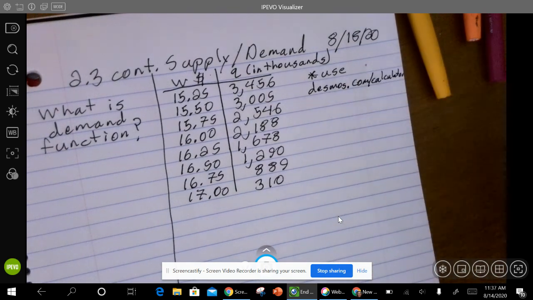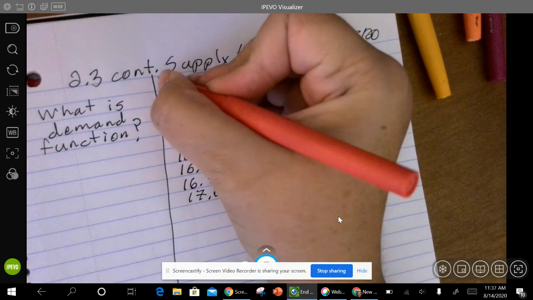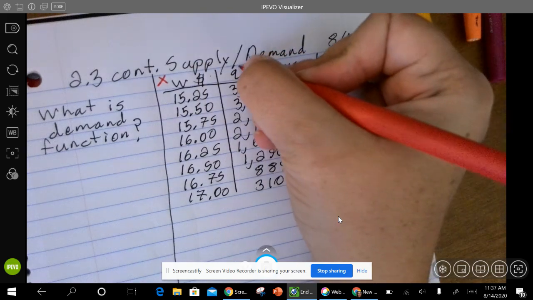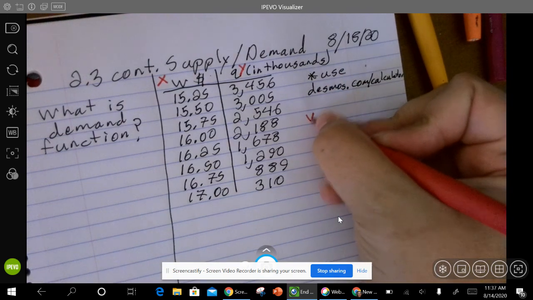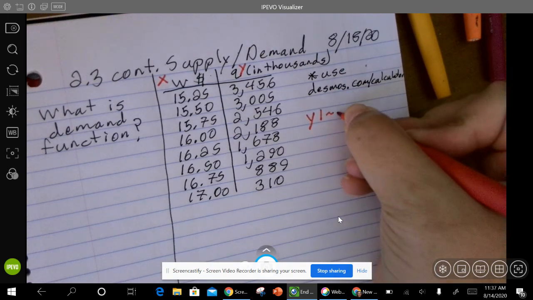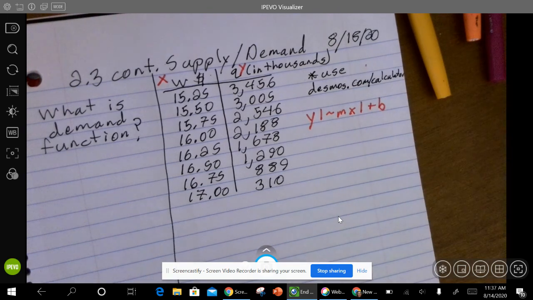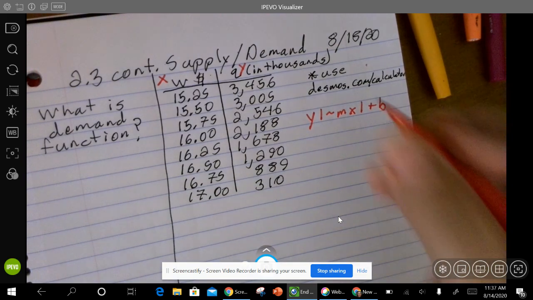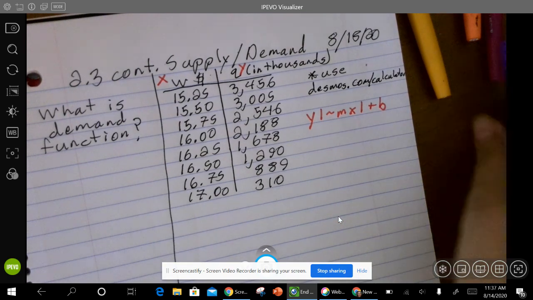And we're going to input this data again, everybody, just like we did before. Remember, this is our X values. The quantity is our Y values. Okay, so remember, Y1 and X1 plus B. So we're going to find our equation first, everybody.